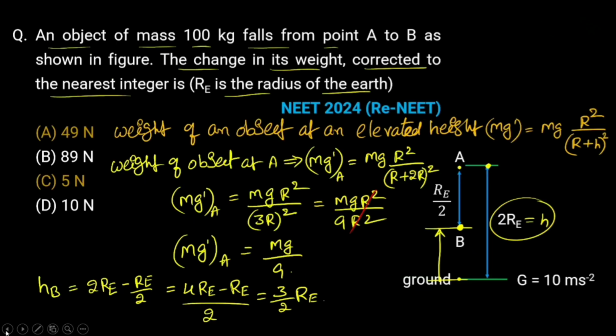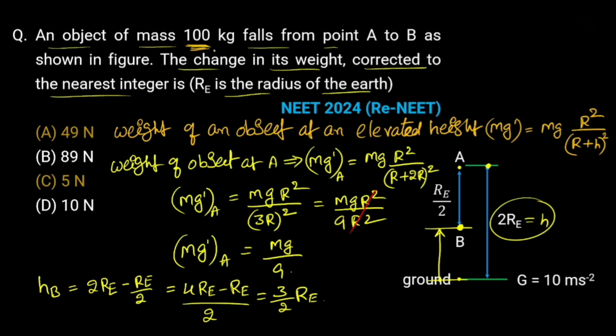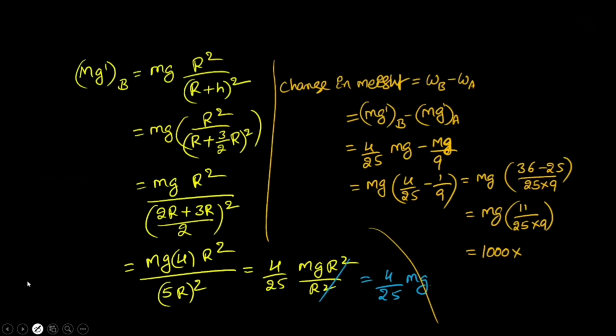Now it is equal to the m value. What is the m value given? Mass is given as 1000? Or 100? 100 kg only. Be very careful. Here it is 100 into g, 9.81, approximately 10, into 11 by 25 into 9.